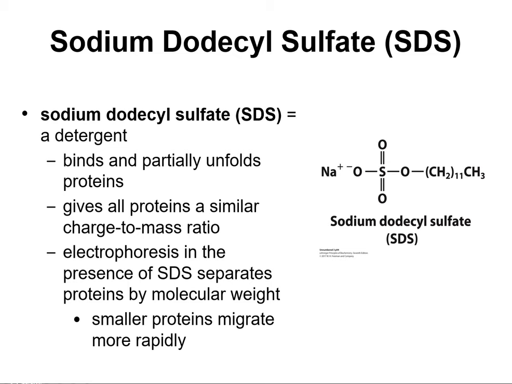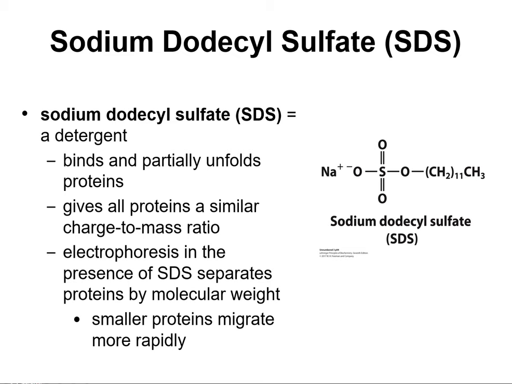When you're running a protein gel, you are very likely going to be using sodium dodecyl sulfate, or SDS. It is a detergent. It binds to proteins and partially unfolds them so that you're not running a native gel, but a denatured gel.